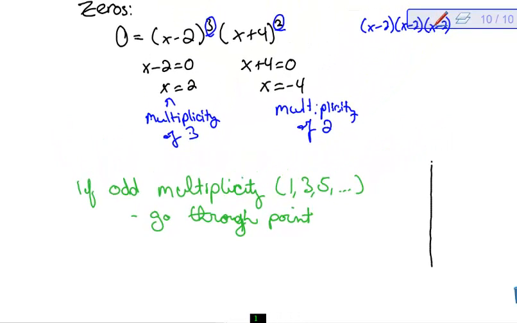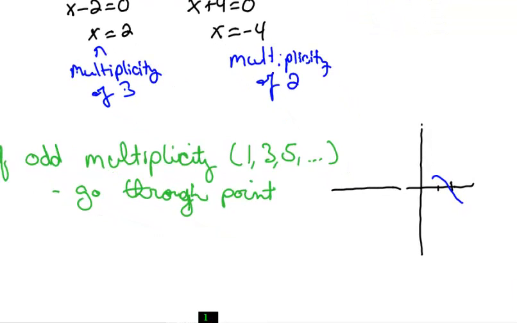What I mean by that is over here on our graph, this x equal to 2 has a multiplicity of 3, so it's odd. So if I come over here and x is 2, at that point it's going to go through the graph. Now I don't know if this is the correct direction or not, but for right now it's going to go through the graph at x equal to 2. And that's what an odd multiplicity actually means.